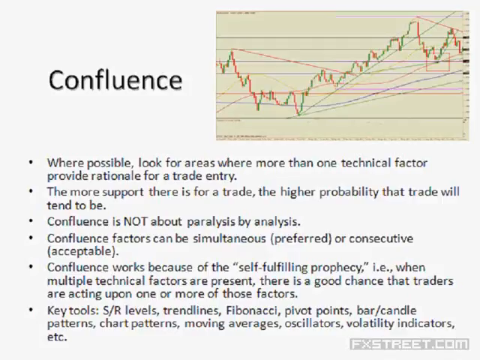Why? Because the more factors that are telling you that yes, this is perhaps the direction it's going, in my mind, the higher probability that trade will tend to be. Now, why is that the case? Why does Confluence create a higher probability trade? Well, I talk a lot about the self-fulfilling prophecy where, for example, the 61.8% Fibonacci retracement.